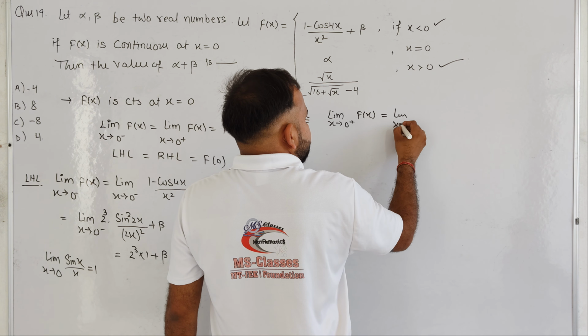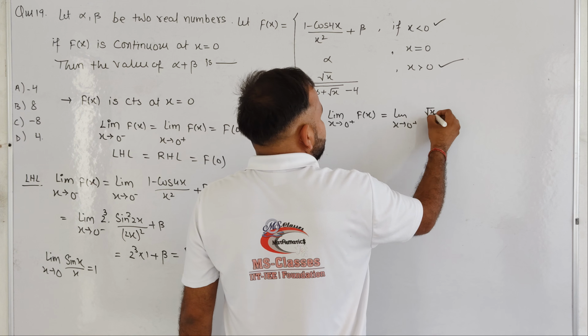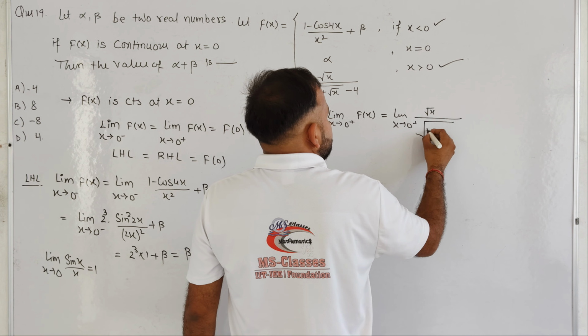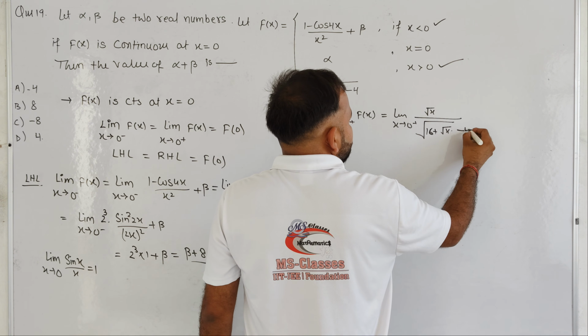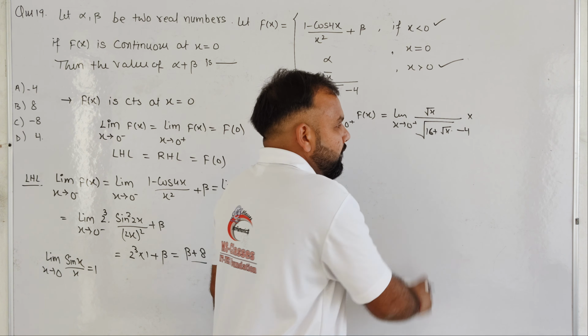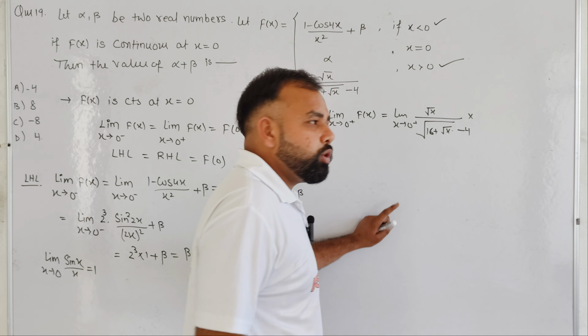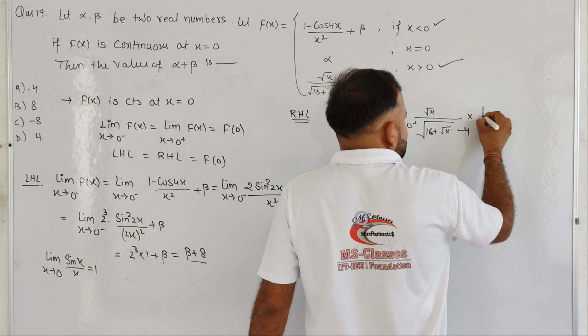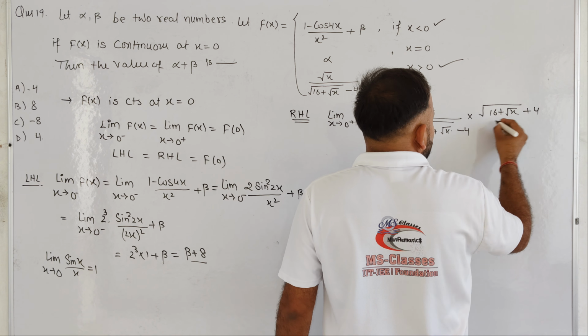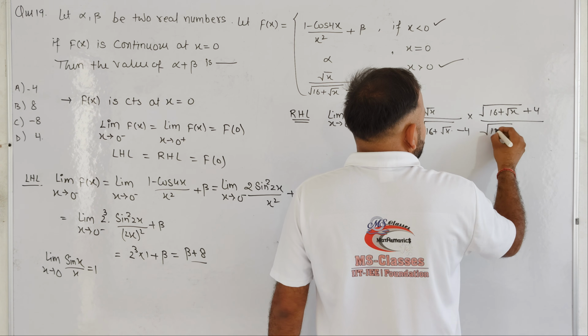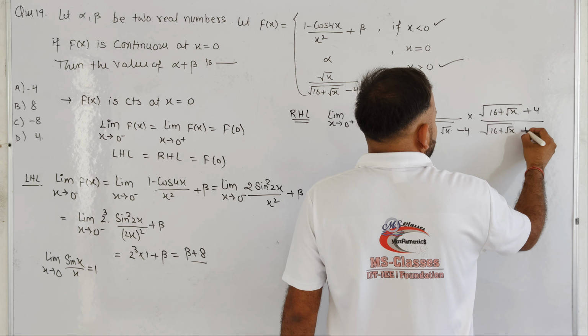So it can be written as 0 plus root x divided by root 16 plus root x minus 4. And we know very well, after seeing a square root in a limiting case, we are going to rationalize this, that is multiply by root 16 plus root x plus 4 divided by root 16 plus root x plus 4.